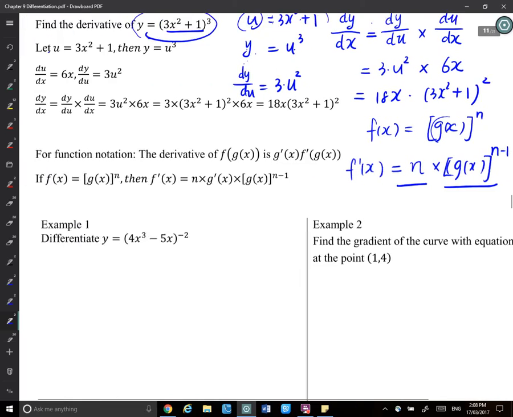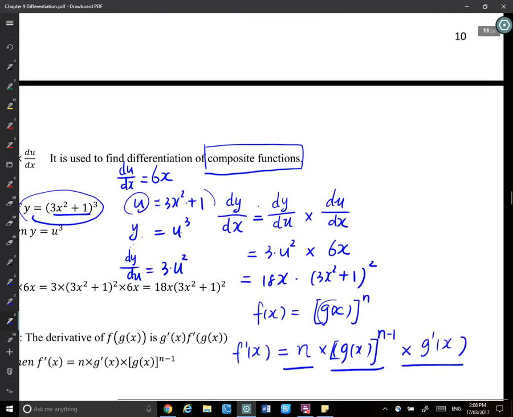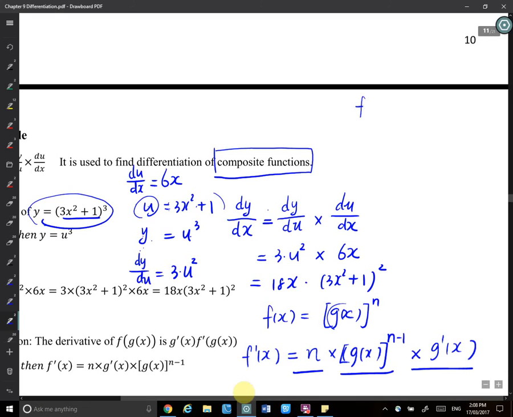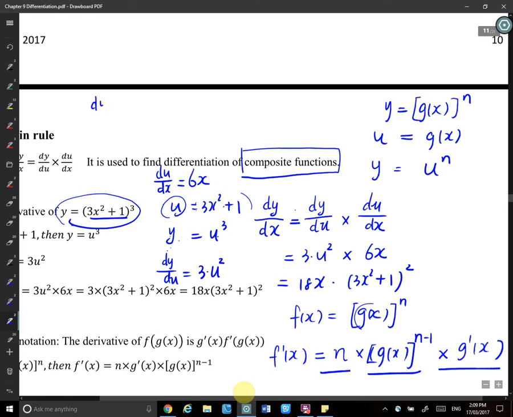So let's say we have y equals g(x) to the power of n. Then let's make u equal to g(x). Then y will equal u to the power of n. What you are looking for is dy/dx. That will equal dy/du times du/dx.